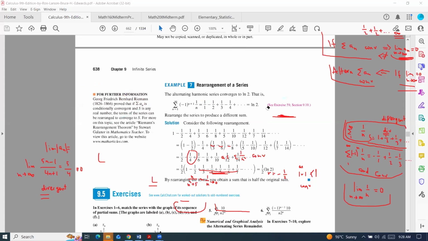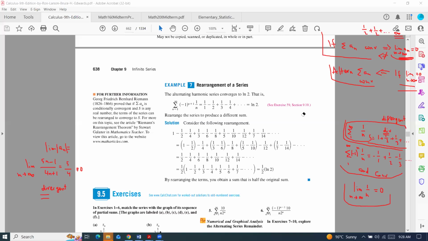I'm not going to go through all of the little steps. If someone is really interested, we can definitely do that. It's a little bit time consuming because it refers us to example 59 in section 910, which is actually a little later. So a little later, we can definitely take a look at all that.